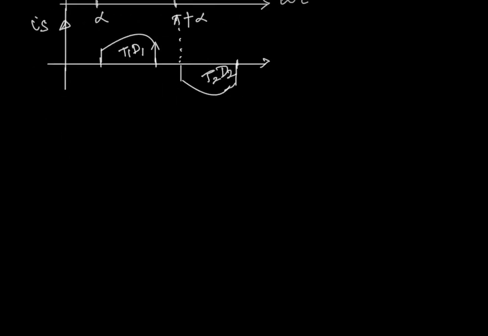So we can have the derivation. V0 average will be equal to 2 by 2 pi, integration from alpha to pi of V0 d omega t, because from pi to pi plus alpha, V0 is 0. So I have not considered that interval.